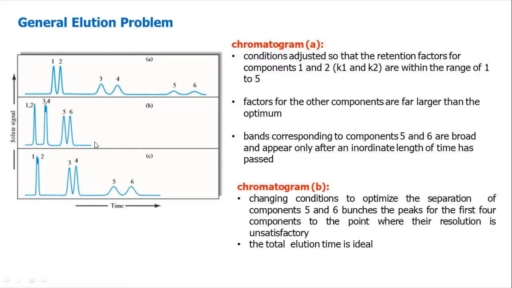But for chromatogram B, short ra, yes, the total elution time is ideal. How para iyahang ma-separate og ayo si 5 and 6. However, for compound 3, 4, and 1 and 2, their resolution is very low nga nag-lead sa ilaha to overlap. So those are the common problems you can encounter in chromatography.